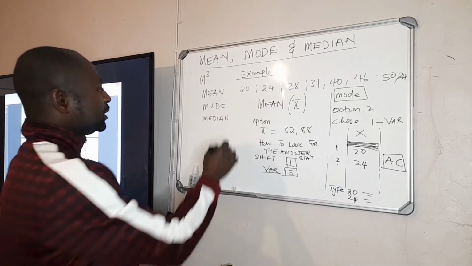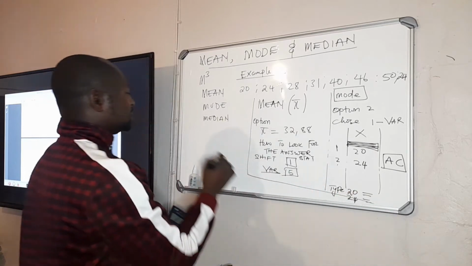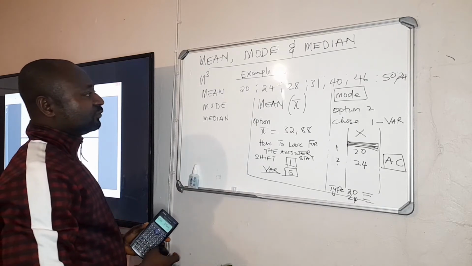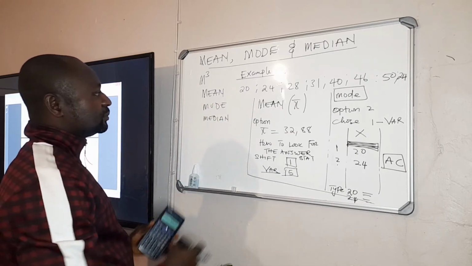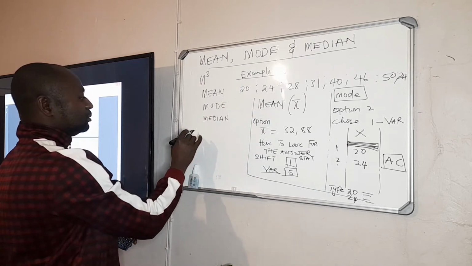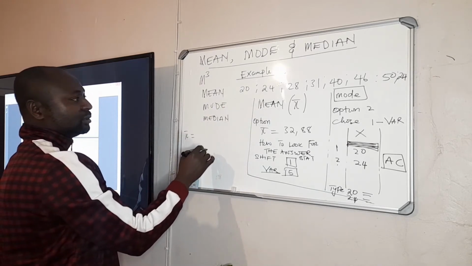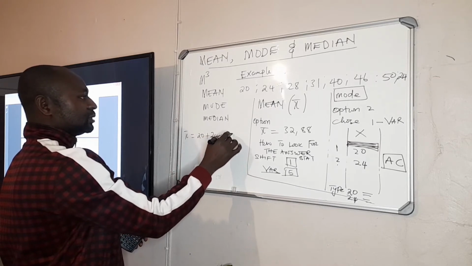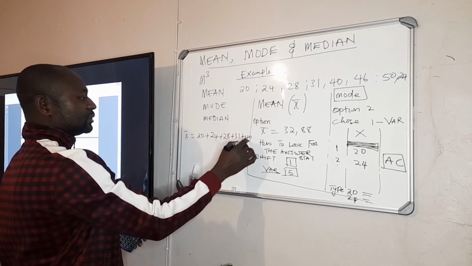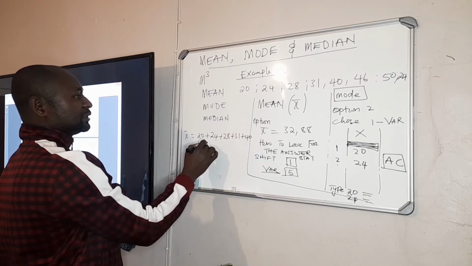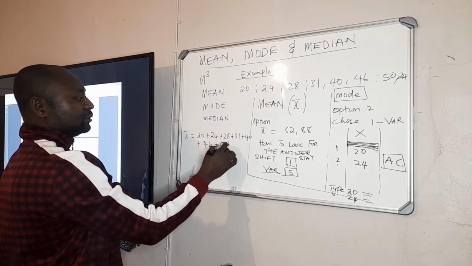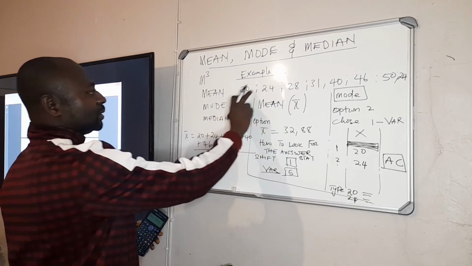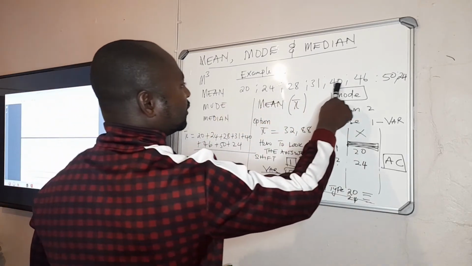Or if you cannot do it that way, mean simply means you add all the numbers and divide by the total number of items in the data. So now here, mean X bar can be calculated this way. It can be 20 plus 24 plus 28 plus 31 plus 40 plus 46 plus 50 plus 24 divided by how many numbers are there in the data? 1, 2, 3, 4, 5, 6, 7, 8.